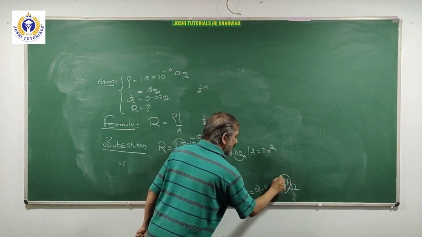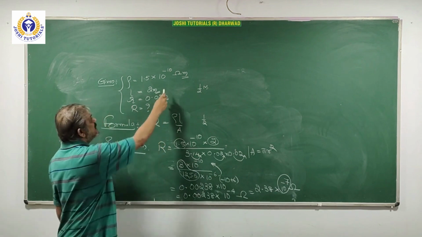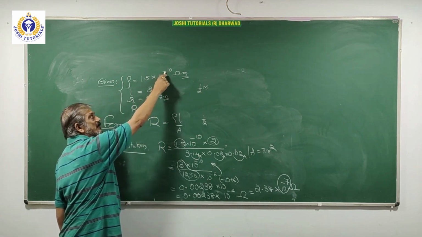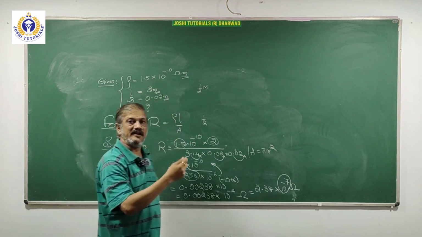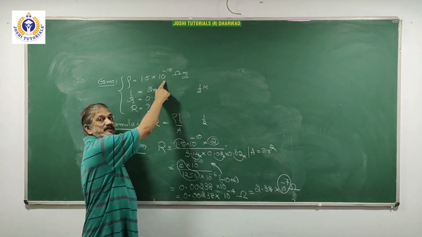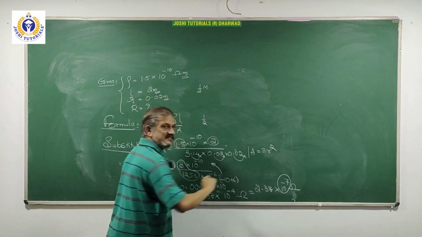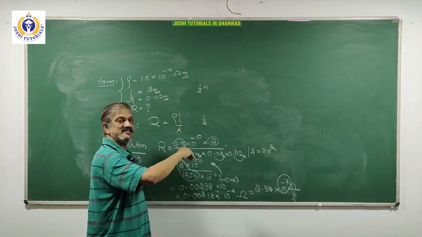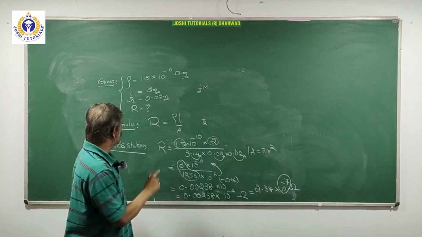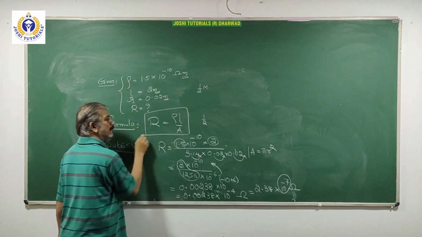See, here resistivity is a minus power. You must remember, for the plus, it is more resistivity, more resistance. Less resistivity means less resistance, and less resistance means more current. So by this, I have solved one problem.